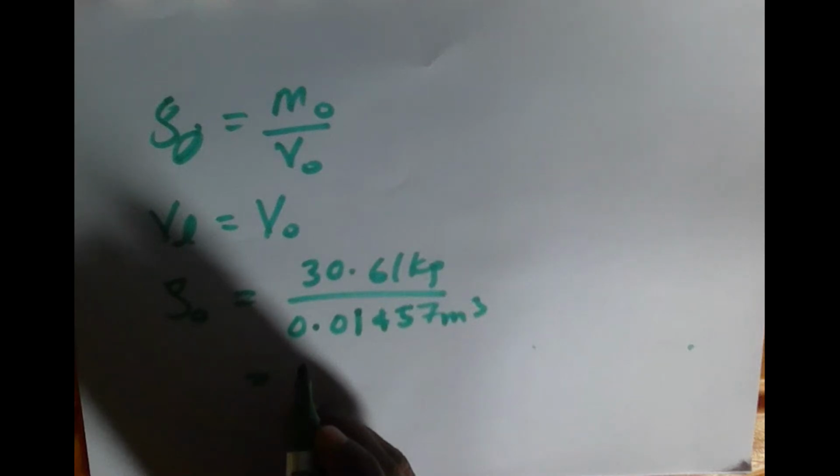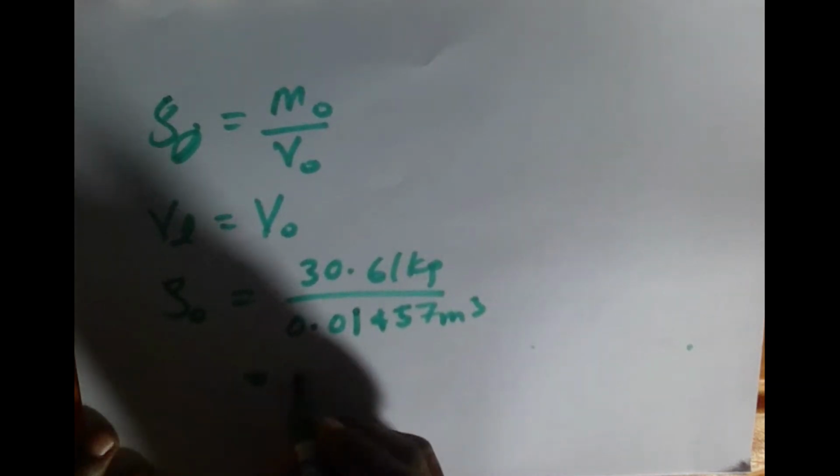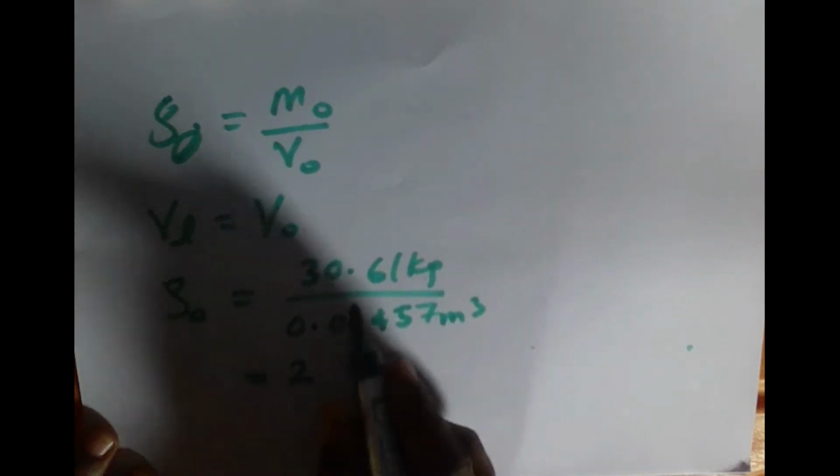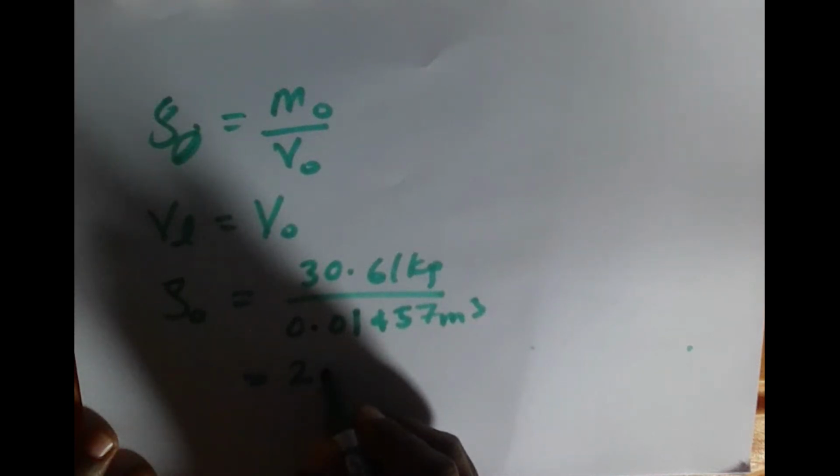When you divide this, the result will be 2099.883 kg per meter cubed.